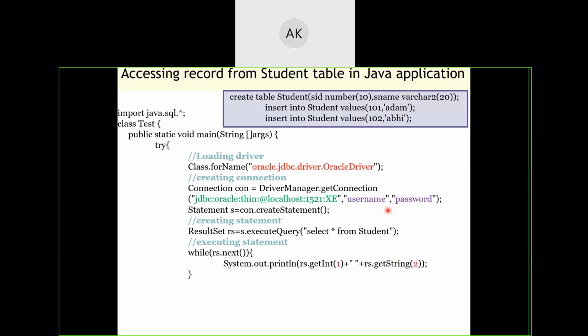That's why I'm using getString. rs.getInt, rs.getString. Here you need to mention either the column name or the column number. If you know exactly what the name of the column is, you can mention it. Otherwise, you have to mention 1, 2, 3. Is it fine? So once all the work is done, just close the connection.